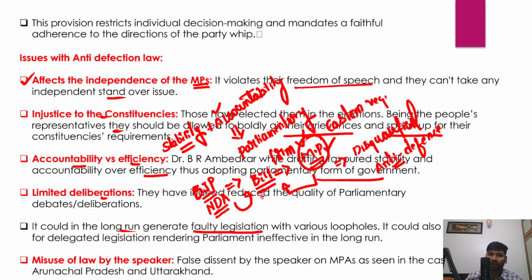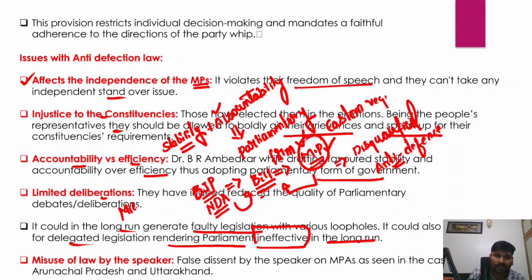Over a period of time, in the long run, the anti-defection law would lead to faulty legislation, and those legislations would also have a lot of loopholes. It could also pave the way for delegated legislation, rendering parliament ineffective in the long run.